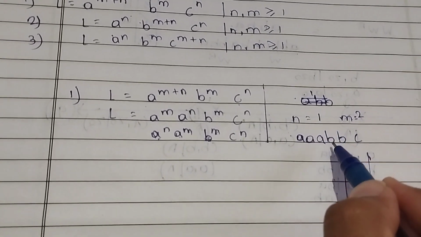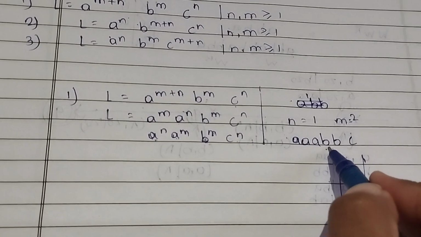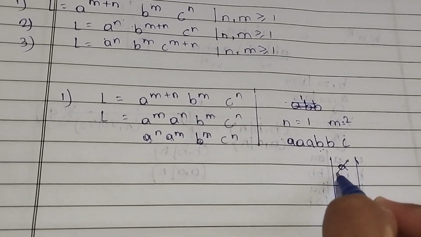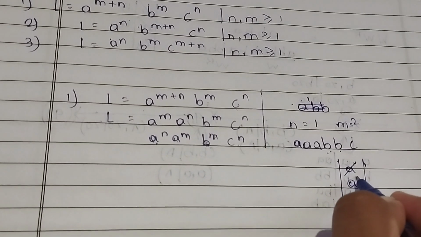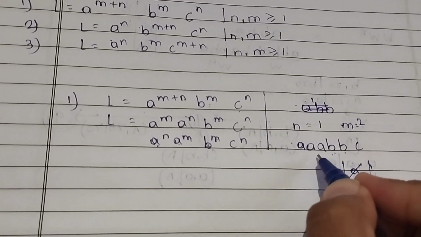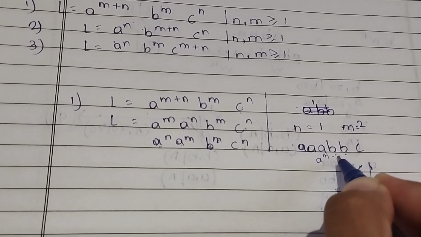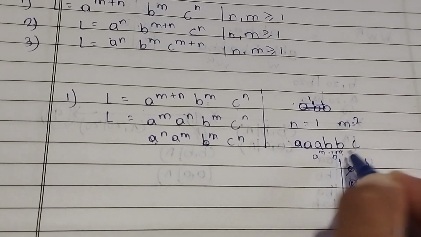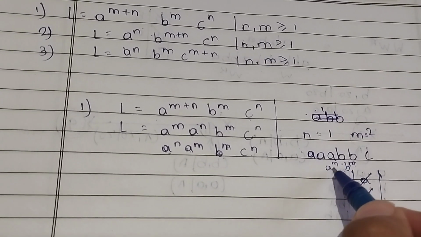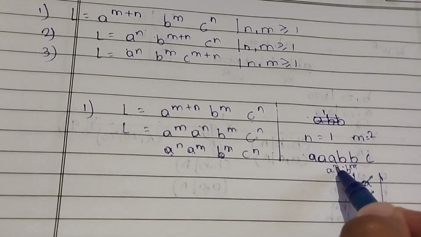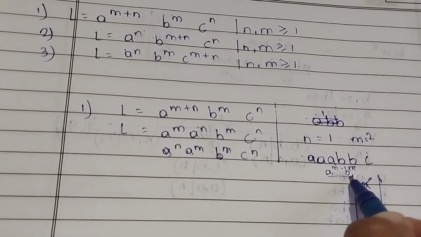Now B we read. So for this B we pop the first A. Now again B is read, pop the A. So when we read B raised to m, at that time we automatically pop the A raised to m. So these two conditions are satisfied.